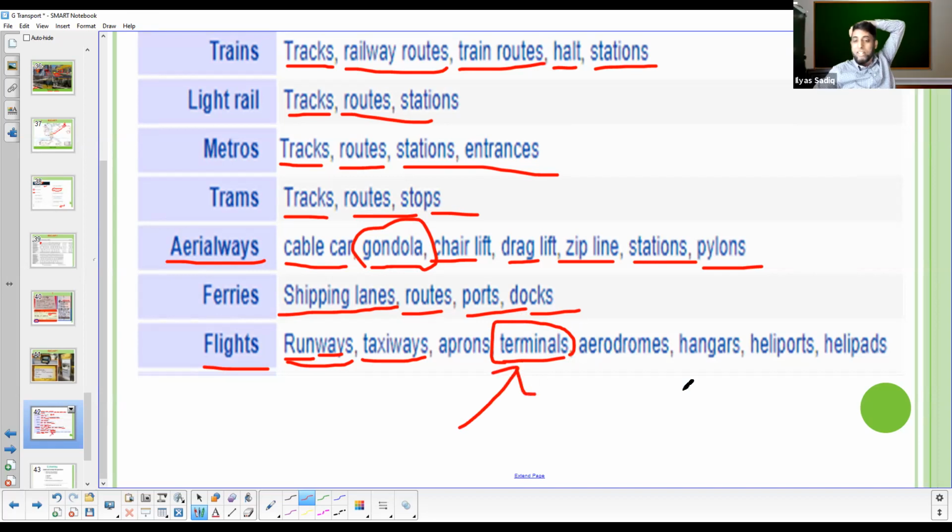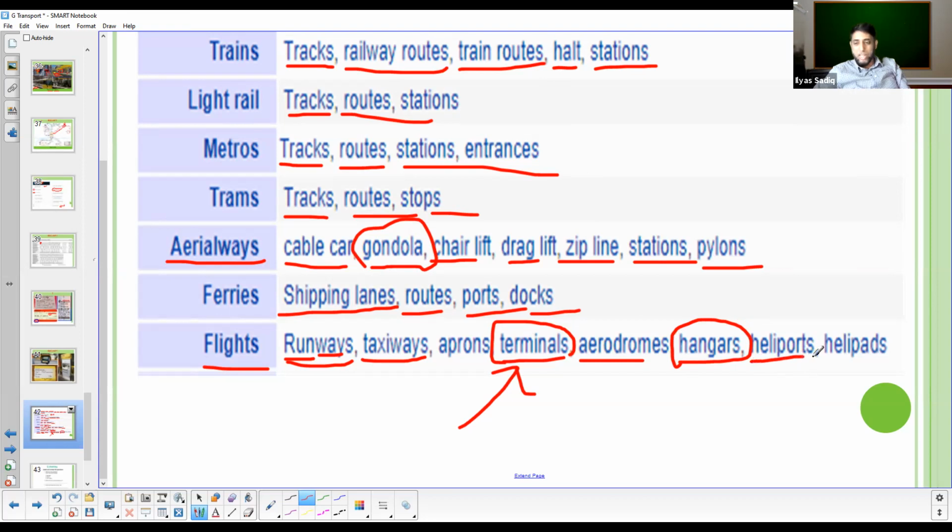Exactly. Then the hangars. A hangar is basically where you park your airplane. Like where the bus stops, but hangars are where aeroplanes finally stop.